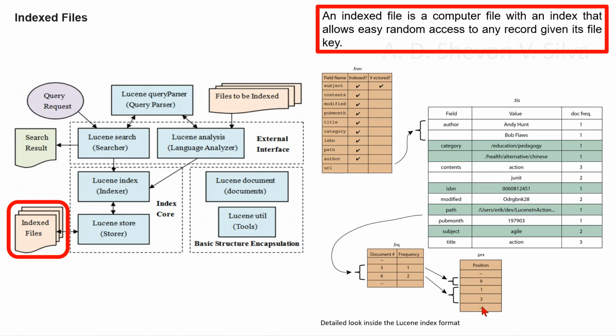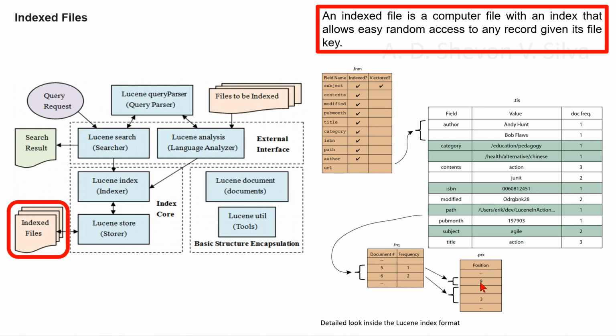This figure shows 3 positions for each occurrence of the term JUnit. The first occurrence is in document 5 in position 9. In the case of document 5, the field value after analysis is Ant Action, Apache, Jakarta, Ant, Build, Tool, Java, Doc, Development, JUnit, Eric, Hatcher, Steve, Loughran.